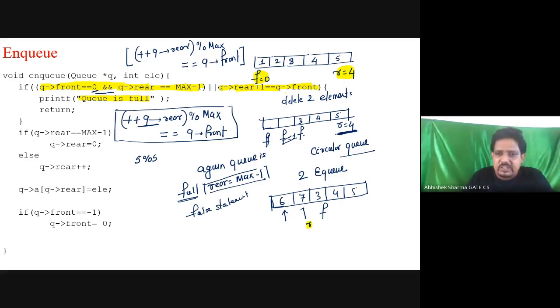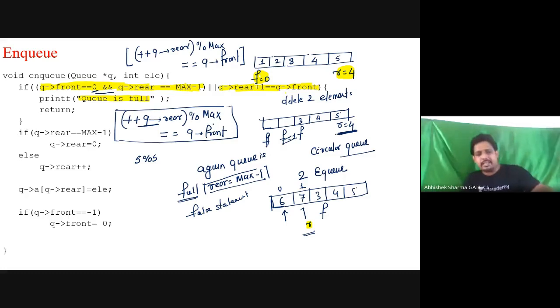Now even if it is not here and it is somewhere here, that rear is at this place and front is at this place, that means index wise it is 0 and 1, then also plus plus and modulo max, in that case the same value will come, 1 plus 1 becomes 2. Then I can say that plus plus rear modulo max is equal to queue pointing to front or not. Anything else?